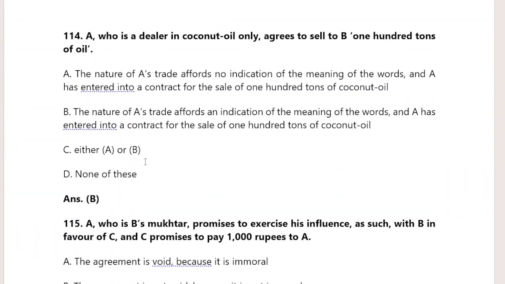And the next question is: A, who is a dealer in coconut oil only, agrees to sell B 100 tons of oil.